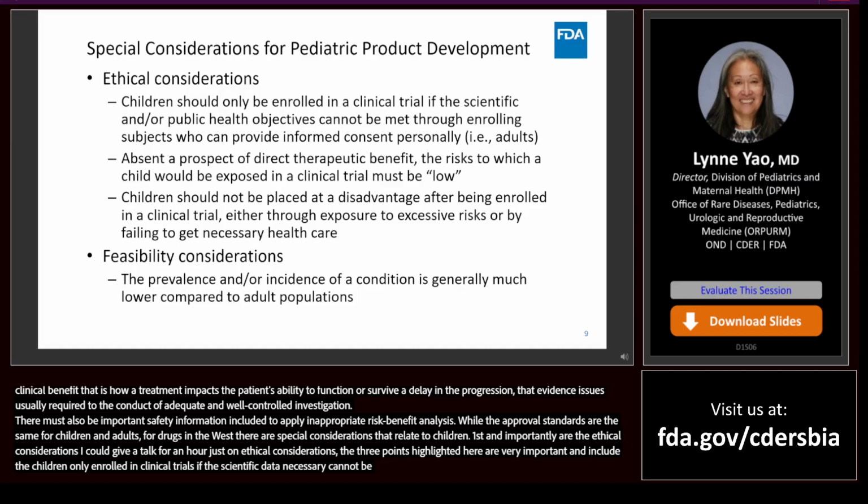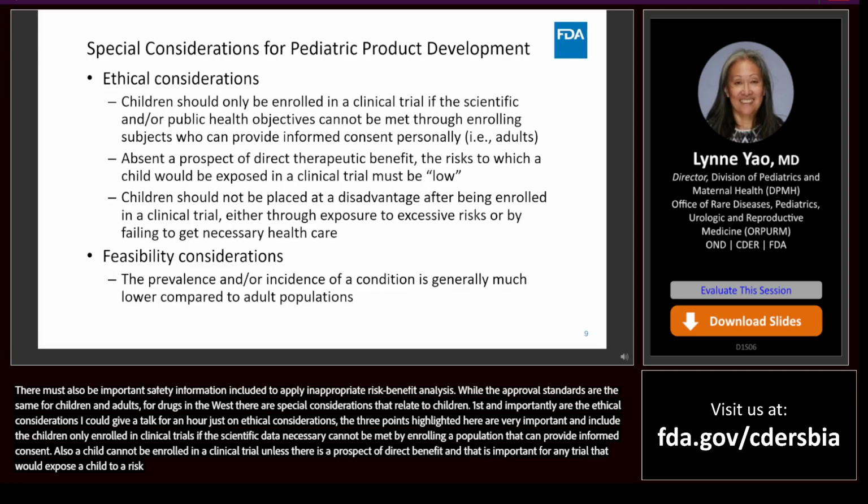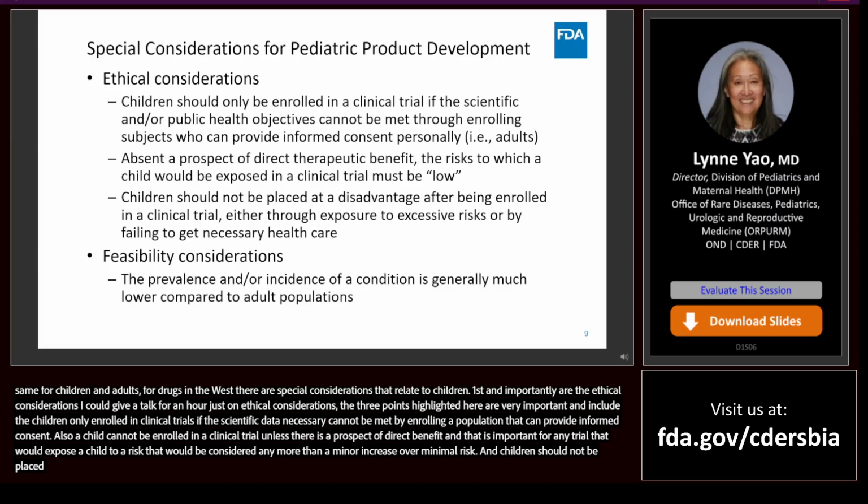Also, a child cannot be enrolled in a clinical trial unless there's a prospect of direct benefit. And that's important for any trial that would expose a child to a risk that would be considered any more than a minor increase over minimal risk. And then also, children should obviously not be placed at a disadvantage for enrolling in a clinical trial.